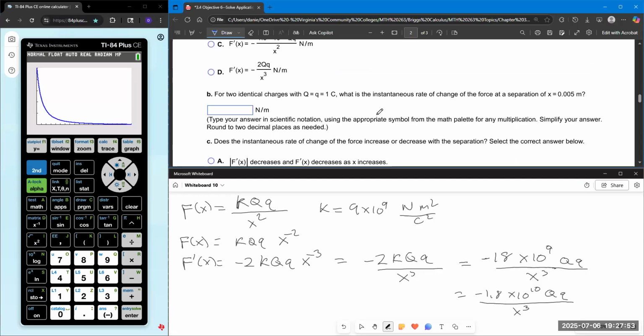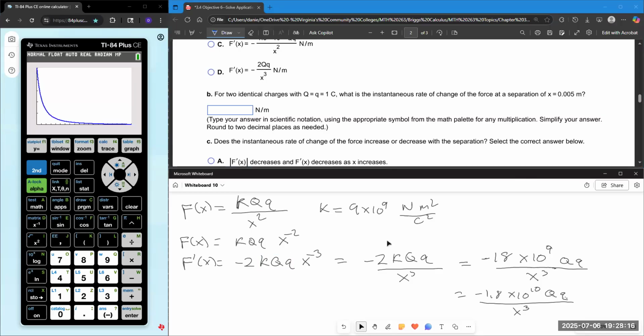For two identical charges, capital Q and lowercase q of 1 Coulomb, what is the instantaneous change of force at x equals 5/1000ths of a meter? So in other words, you can ignore capital Q and lowercase q, they're both going to be 1.